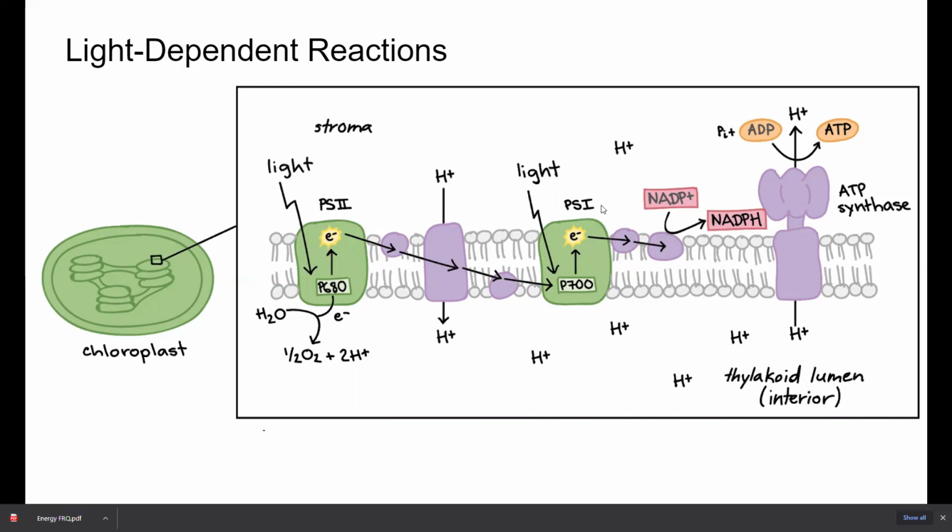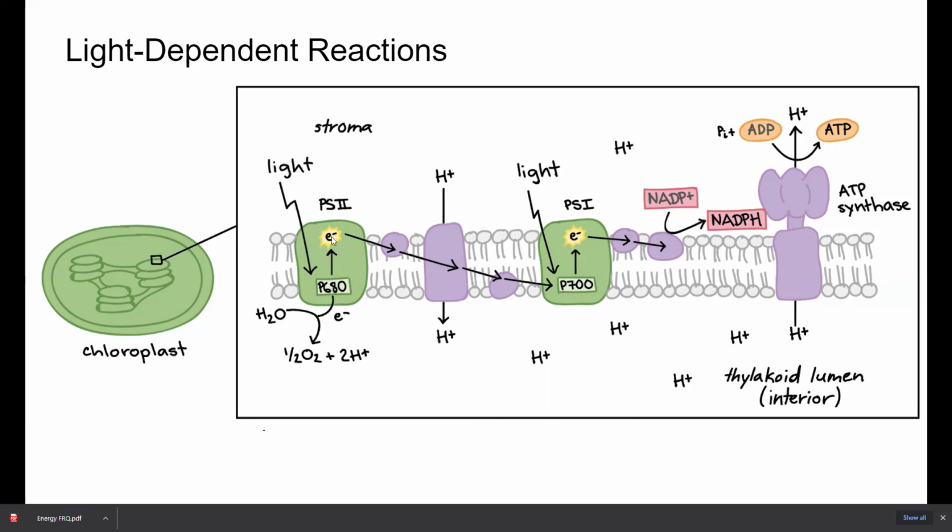It's going to hit the photosystems, which are basically going to work best at different wavelengths. But what happens is water gets oxidized. It's going to lose its H+, which are going to help build up this gradient. The electrons are going to start there and then get excited by light.